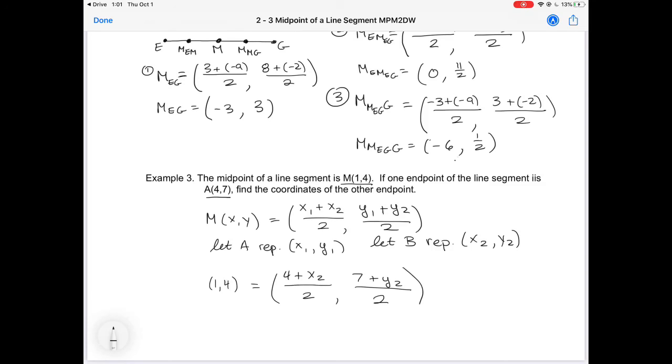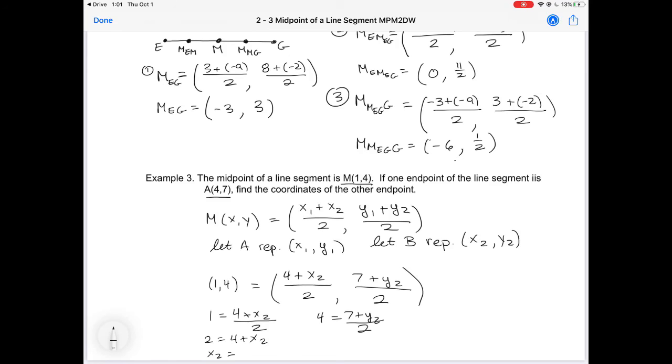So now what I have are two equations, one for x2 and one for y2. I can rearrange and solve these equations for my missing point.